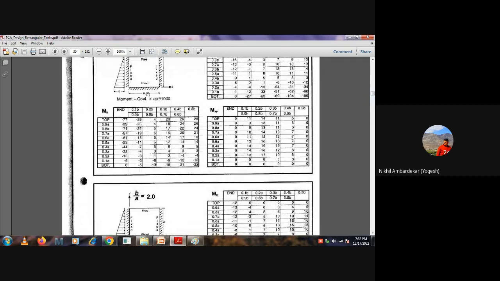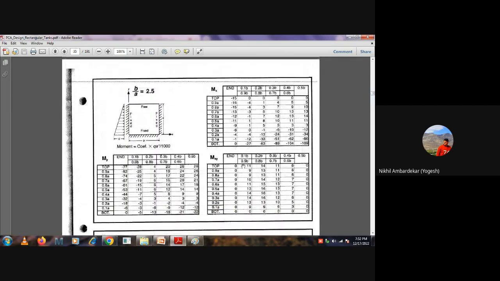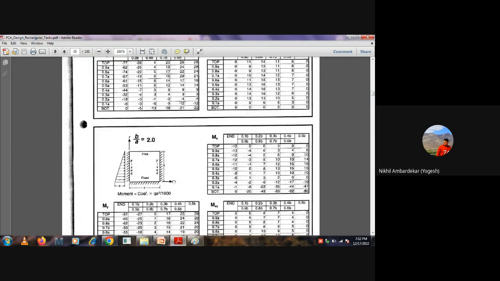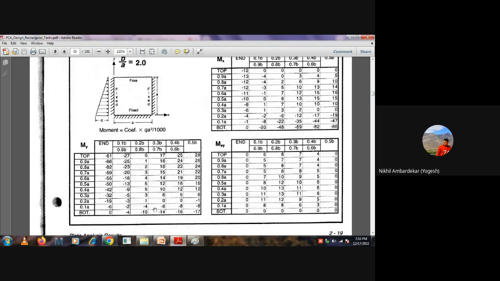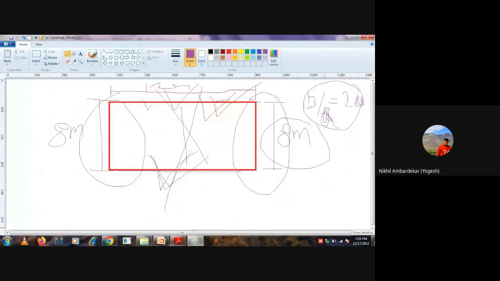So instead of 2.5, for which we previously calculated 109, 82, you have to just choose this table and calculate the same thing. Nothing is different from the previous thing. Got it? Can you find it on your own for the short wall? This one, this one. Yes, sir.